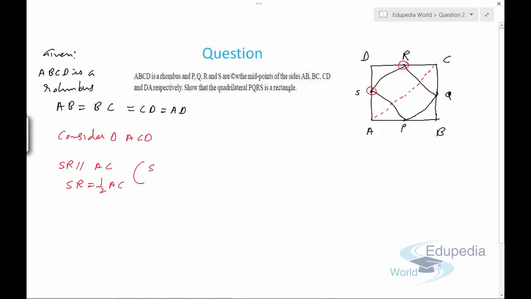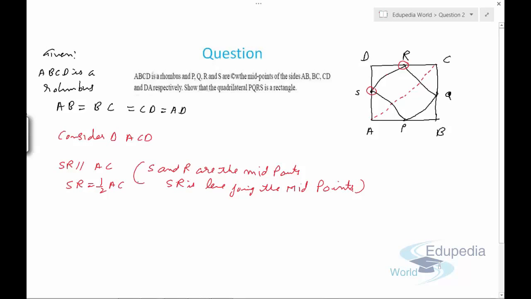Why? Because S and R are the midpoints and SR is the line joining the midpoints.